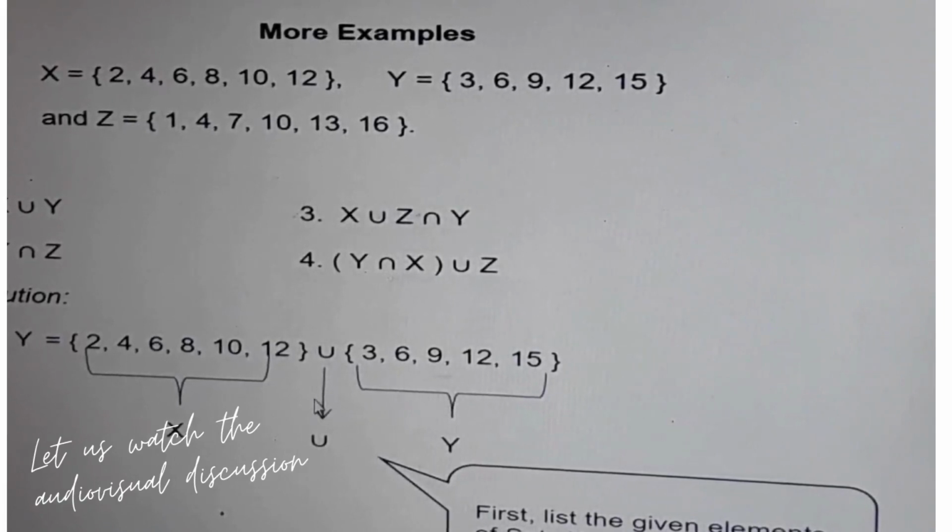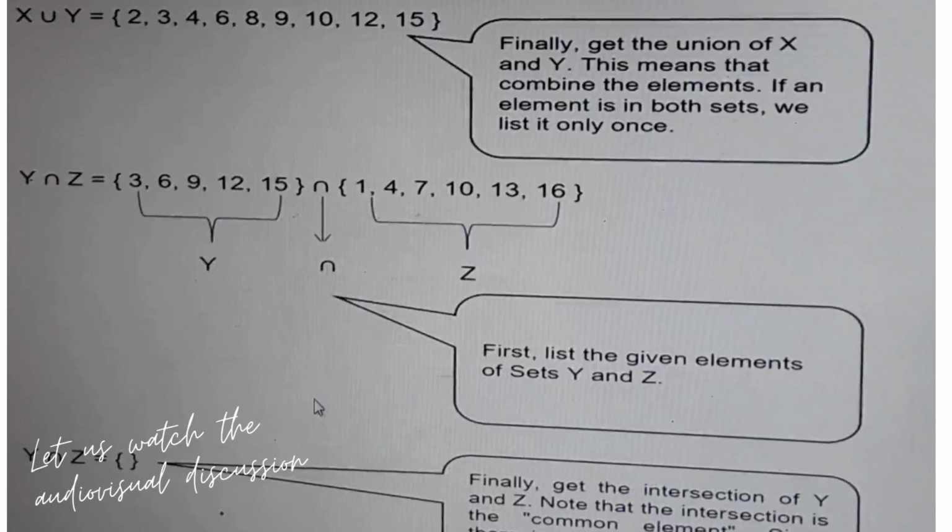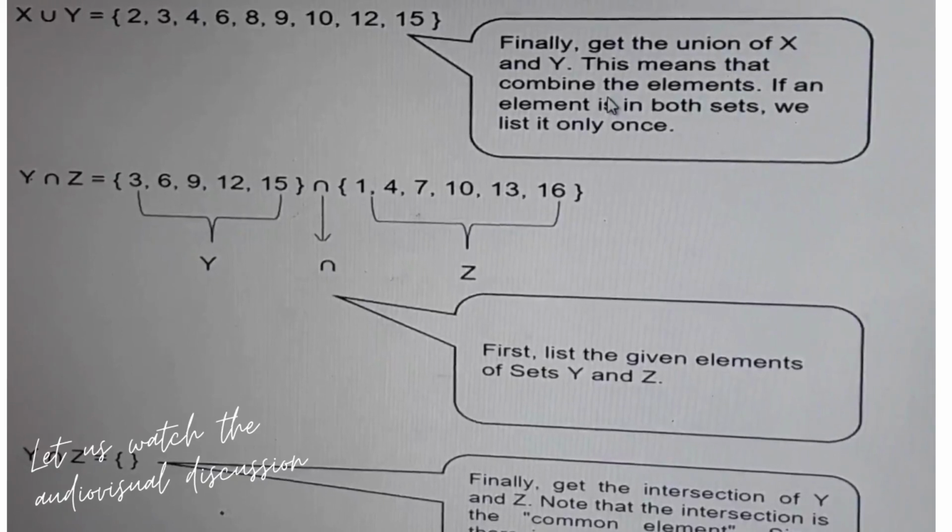Finding the union means you are going to mention all the elements involved, but not repeating the same elements in both sets. You have to write them once. So finally, we have 2, 4, 6, 8, 9, 10, 12, 15 as the elements of the union of sets X and Y.